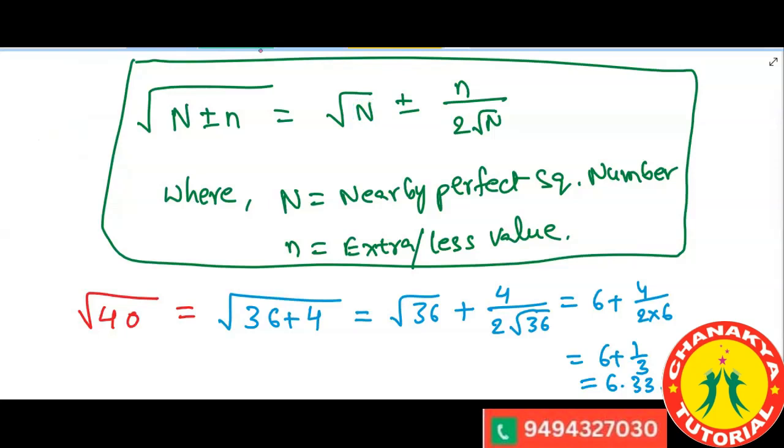Suppose some number is given, like under root of 125. Which is better to take? Greater than the number is also okay, less is also okay. Okay, suppose it is 220.